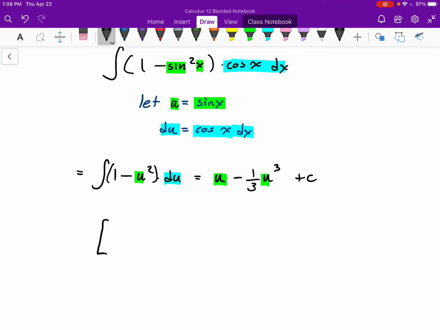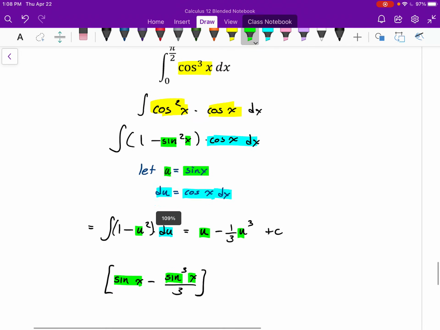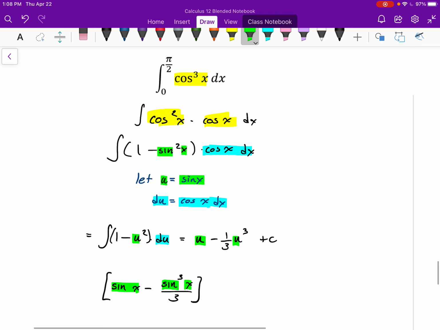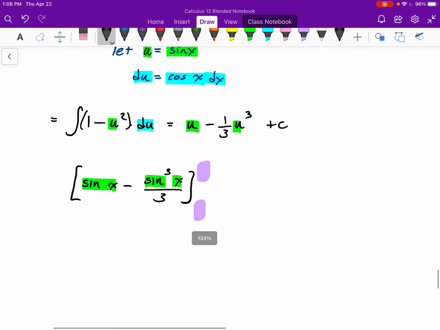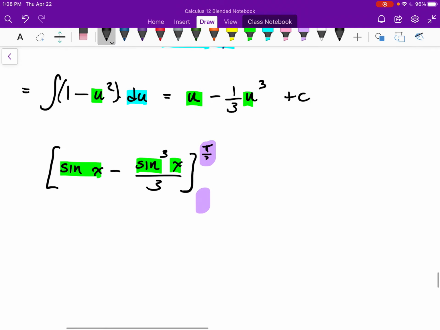So I can find the sine of x minus sine cubed of x over 3, because that's what u was again. And I'm integrating this from pi over 2 to 0, looking at my bounds up here. So from pi over 2 to 0, which are nice numbers, which means I should be done quite shortly.